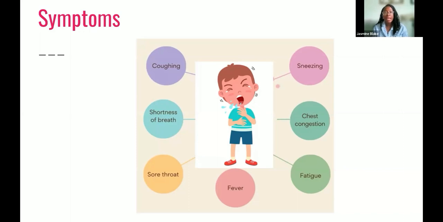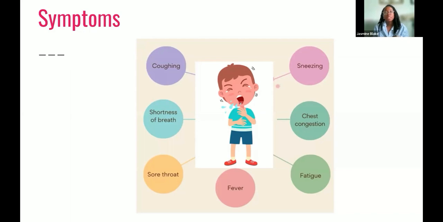Most fevers stay in the 100.4 to 102 range, but it's not uncommon for children to get fevers up to 105, which is very scary because adults usually do not get fevers that high. But most kids will get fevers in that 102, 103 range most of the time.